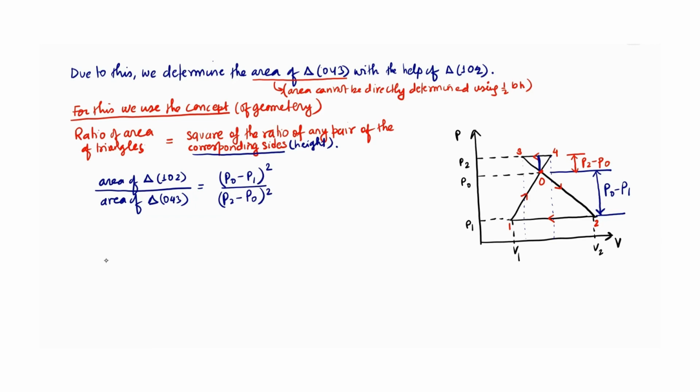Clear? Therefore, we can write area of triangle 0, 4, 3 equals area of triangle 1, 0, 2 times P2 minus P0 whole power 2 divided by P0 minus P1 whole power 2. So we have this. Clear?